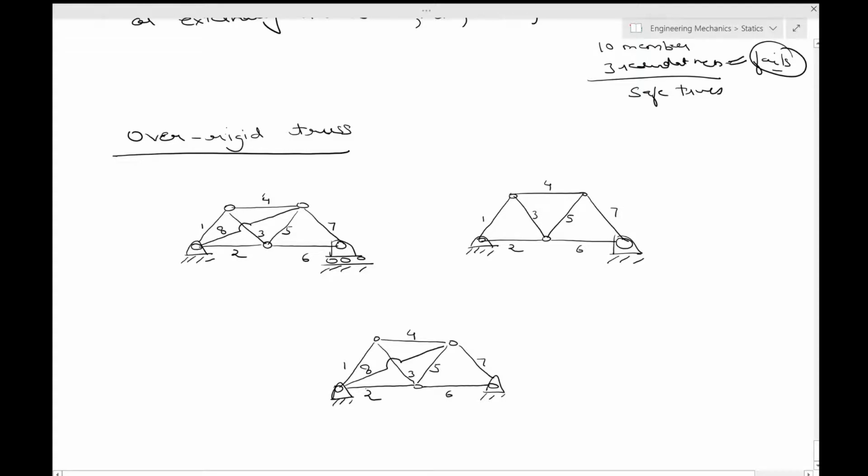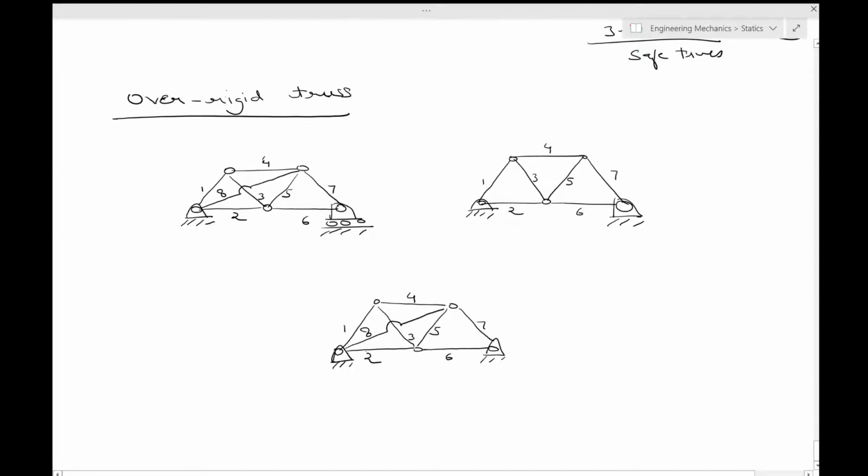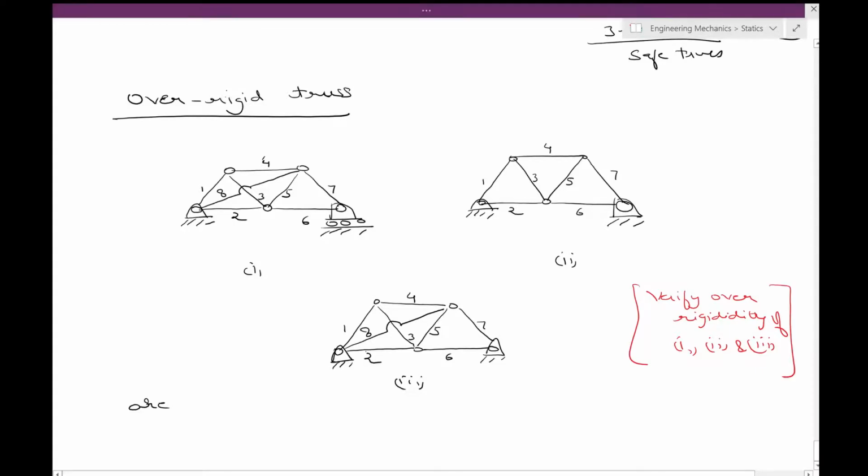Okay, so the over rigid trusses 1, 2, and 3, which are shown, first of all, you have to verify that they are over rigid, and you know the way to do it. Verify over rigidity of 1, 2, and 3. Okay.